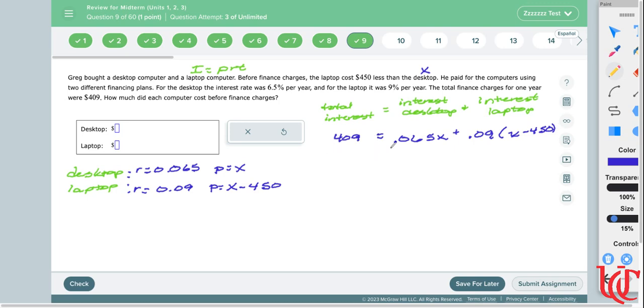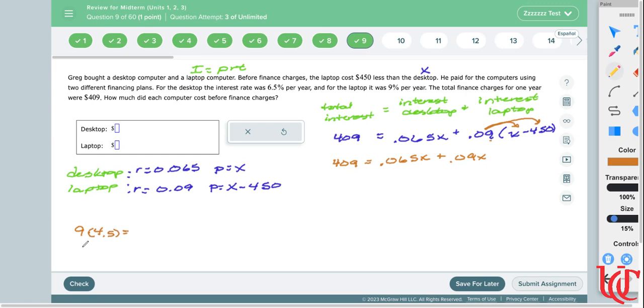And then we're going to simplify, combine like terms, and solve the equation. Hopefully we will get a nice number. All right, so we have 409 equals 0.065x plus 0.09x as we distribute, and then 0.09 times 450. With 2 decimal spots, that'll be the same thing as 9 times 4.5.